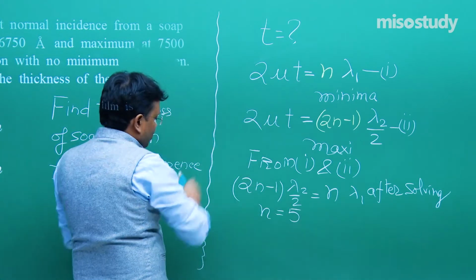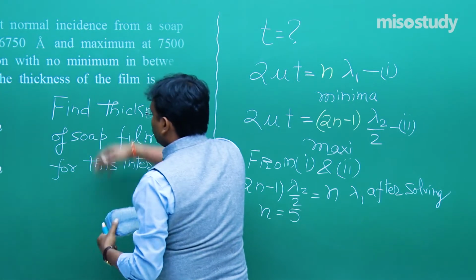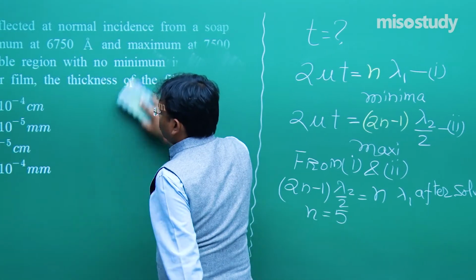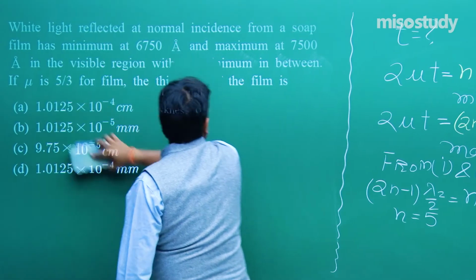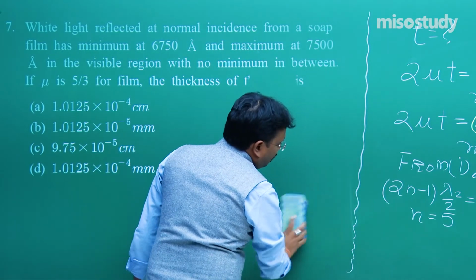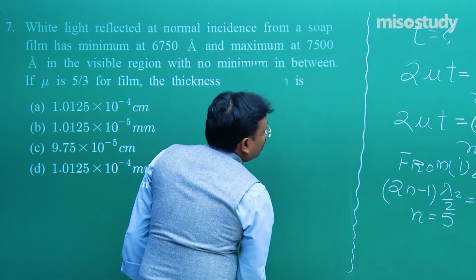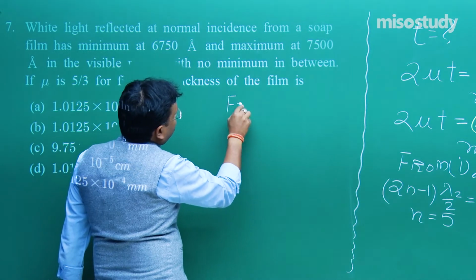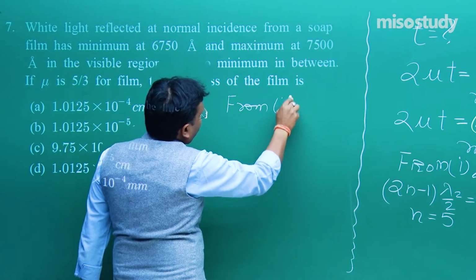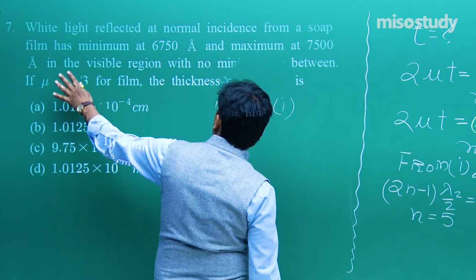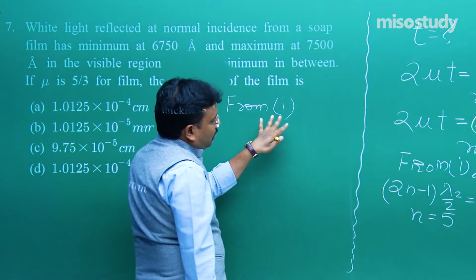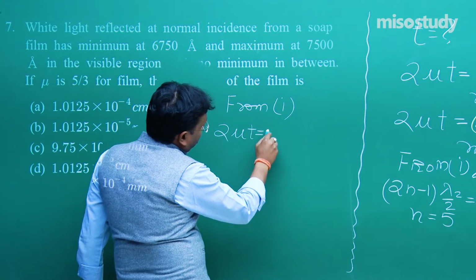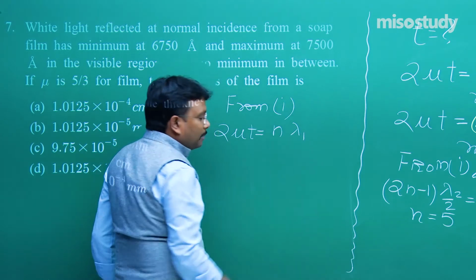Okay, so let me erase this portion, and I want to write this formula here just below the question. Now from here, let us say from equation 1, the question is in front of your eyes and the final solution is also in front of your eyes. So twice mu t is equal to n lambda 1.